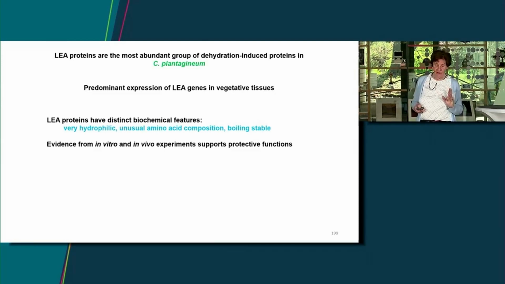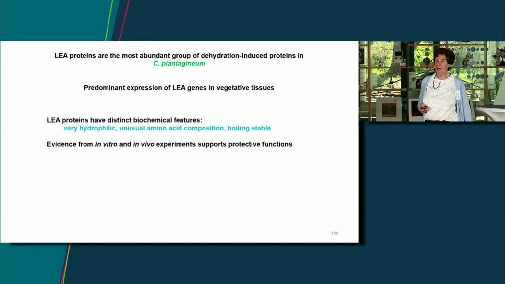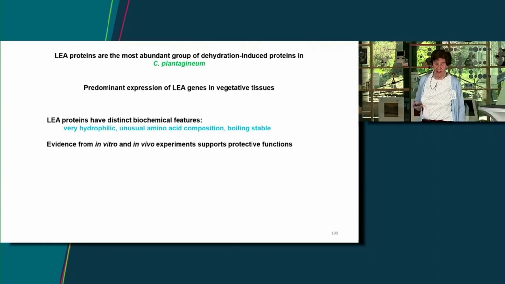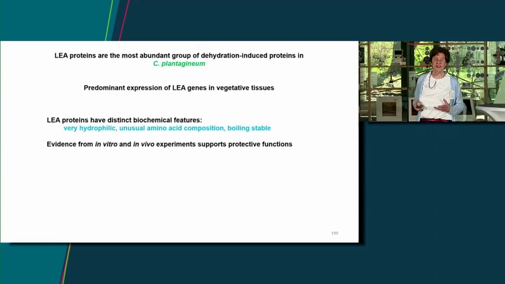First, a little bit more information on the LEA proteins. As I told you, they are the most abundant group of dehydration-induced proteins in Craterostigma plantagineum leaves when you dehydrate them. And interesting is that it's not a homogeneous group of proteins.